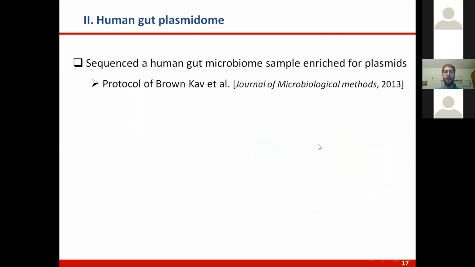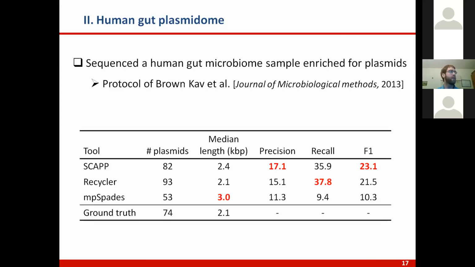The second setting we looked at was the human gut plasmidome. This is an experiment that was carried out by the Mizrahi lab. They used their plasmid enrichment protocol in order to enrich for plasmids and then sequence a human gut microbiome. So this is a sample which has the chromosomes removed before sequencing. And in this case, there are 74 known plasmids in the sample.